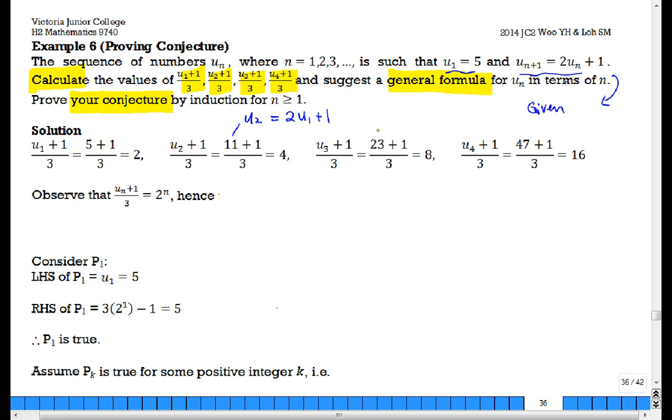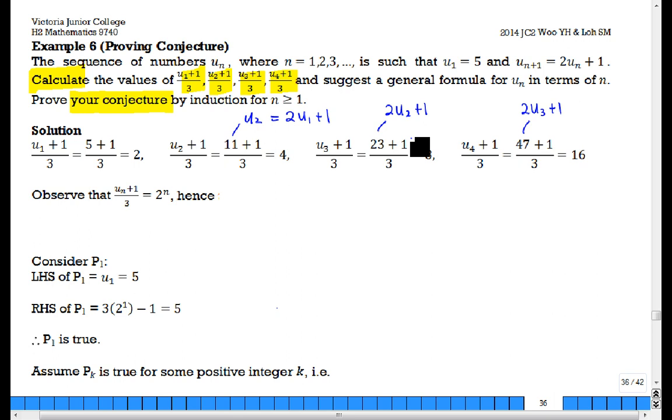What is U3? U3 is 2U2 plus 1. What is U2? U2 is 11. That's why you get 23. Can? How do you get 47? 47 is 2U3 plus 1. What is U3? U3 is 23. Can?